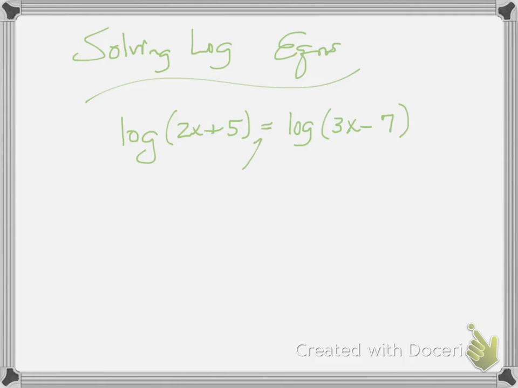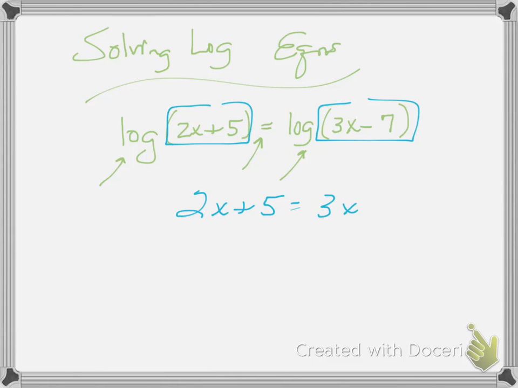Since, again, we have the equal sign here, a log equal to a log, then it stands to reason that that quantity must equal that quantity. So all we would need to do is set 2x plus 5 equal to 3x minus 7. Solve that. x equals 12.